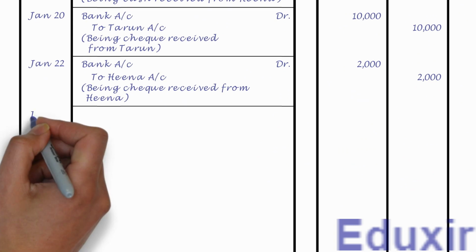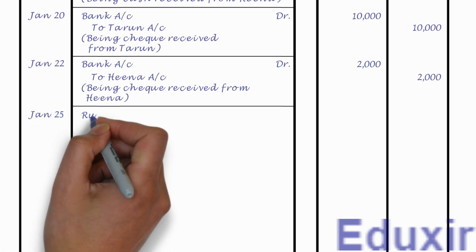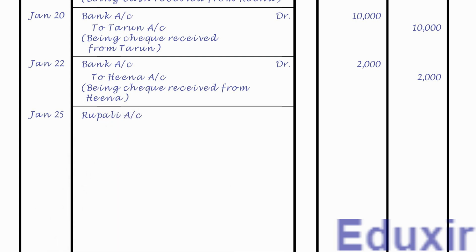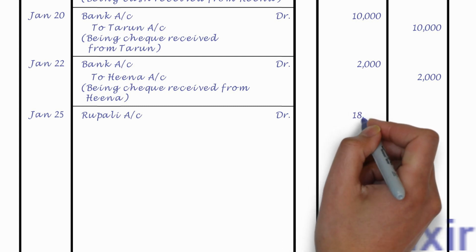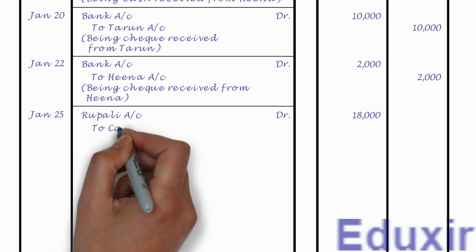Let us first record the date. Let us now record Rupali account as the debit entry. Let us also write the text DR to indicate that this is a debit entry. Let us now record the debit amount of 18,000 rupees into the debit amount column. Leaving a margin, let us now record the cash account as the credit entry.